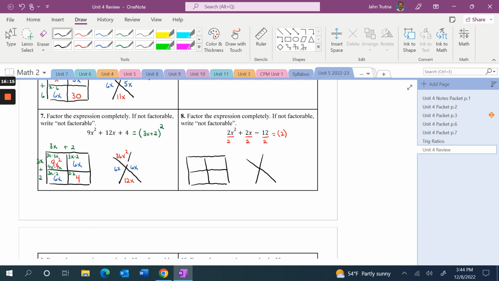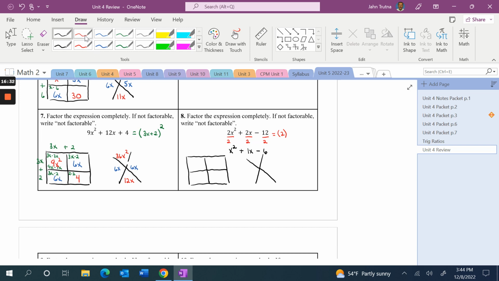Now what that does is create a new trinomial. 2x squared divided by 2 is x squared, plus 2x divided by 2 is 1x, or you could just write x, minus 12 divided by 2 is 6.